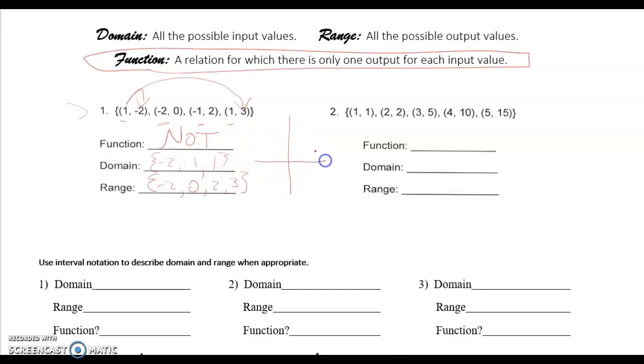If we were to graph that, where the input of 1 goes to both 3 and -2, we'd see that it would create a vertical line. So sometimes this idea, which is the better idea, is shortcutted, and we call it the VLT, vertical line test. There are some drawbacks to this vertical line test that we will look at next unit.